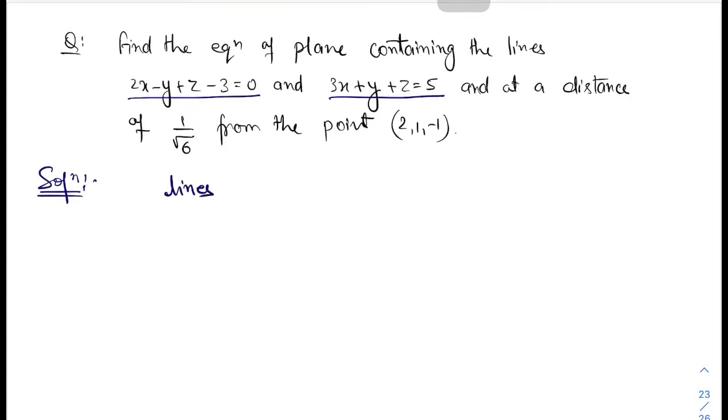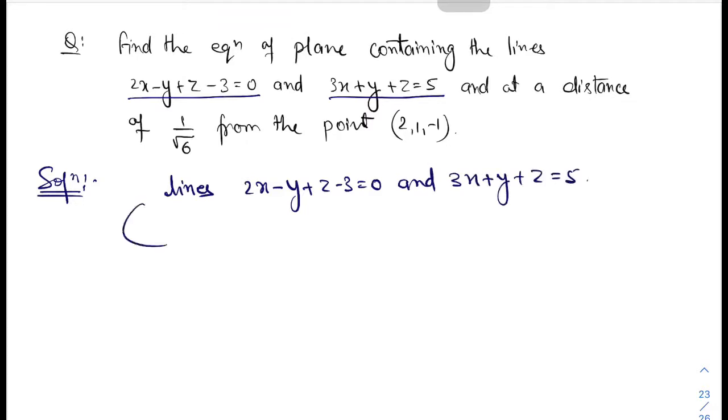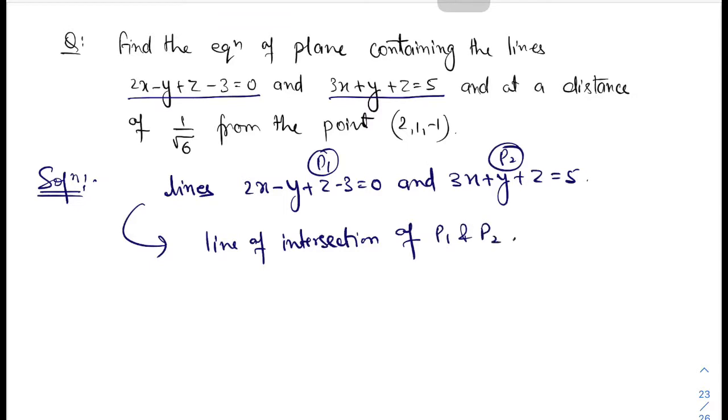Whenever it is said that lines, and two equations of planes are given to us like this, then we must consider this to be the line of intersection of, let me call it P1 and this is P2.